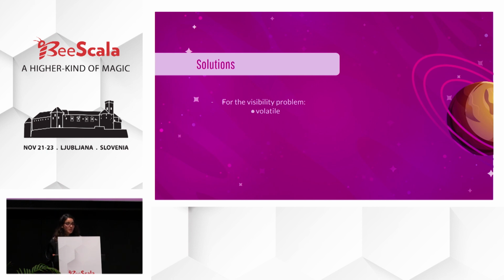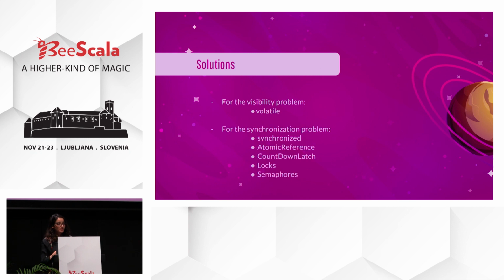For the visibility problem, we can use the keyword volatile before defining our variable state. And for the synchronization problem, we can use different solutions, and we should consider that they will affect the performance of the program, because every time there is a usage of the shared state, the whole thread should wait until that change is made.